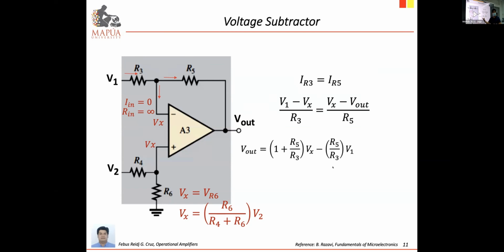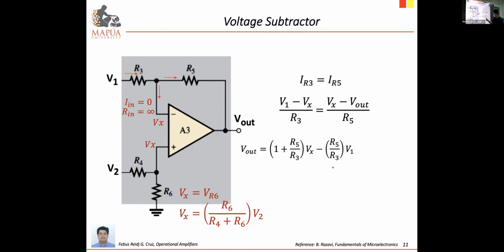So if you look at this form, this is the same pattern for the non-inverting amplifier. If you look at the schematic diagram, Vx is connected to the positive. So Vx will be multiplied by the non-inverting gain. Again, the non-inverting gain is equivalent to 1 plus feedback resistance divided by the input resistance.